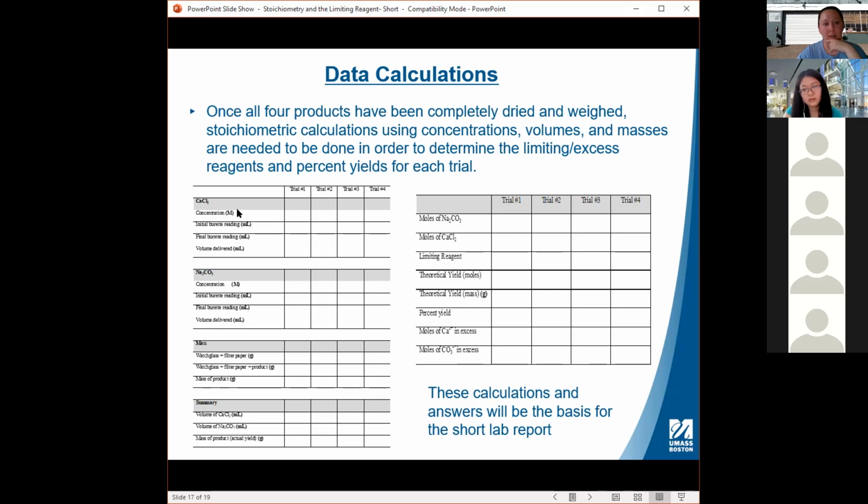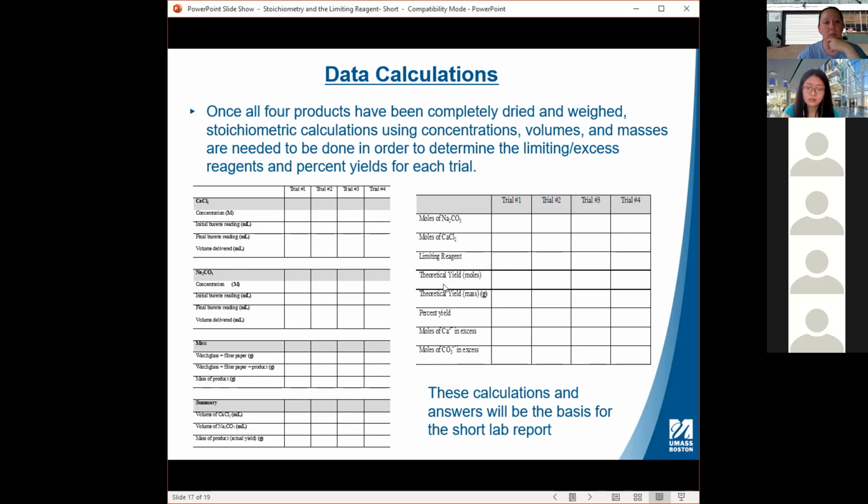So if we take a look at these first 2 sections, the one titled CaCl2 and Na2CO3, we need to convert the volume delivered, so the bottom lines of these guys, using the concentration to the theoretical yield in moles, okay?